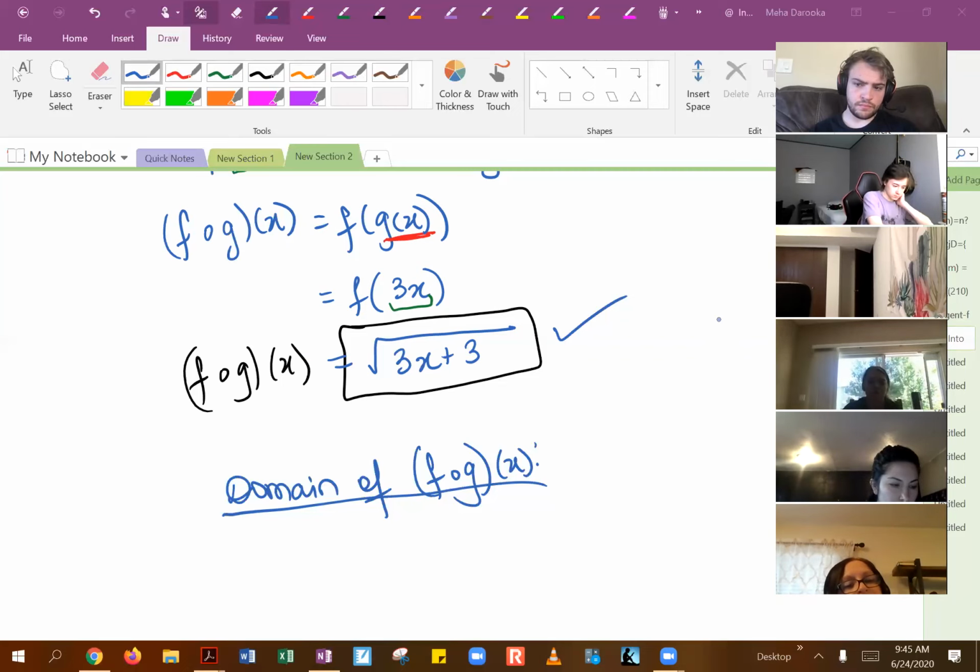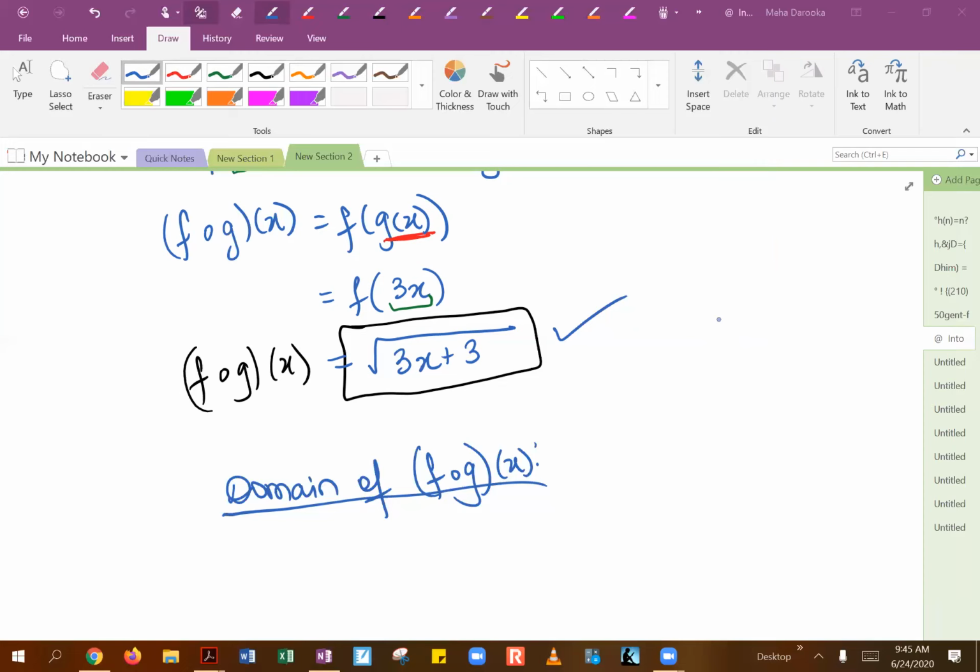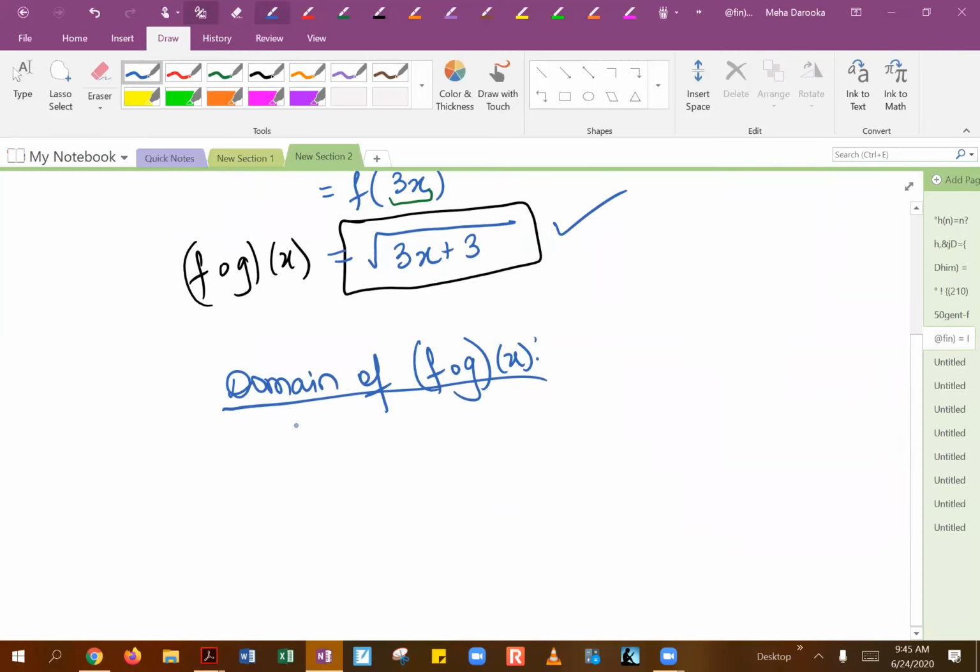So what you have to actually do is take this inside definition, just the 3x plus 3, and that value can be 0 or greater than 0. So you're just basically solving that little inequality with the inside of the square root part.